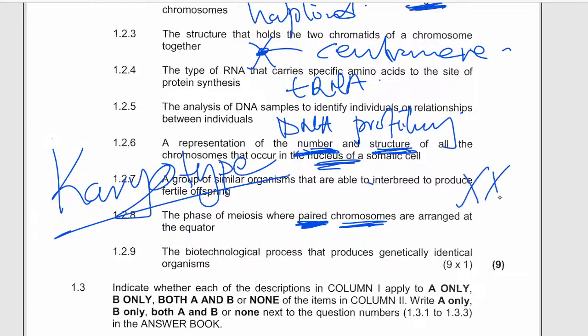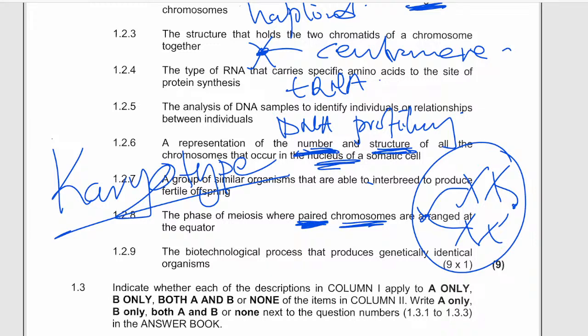How do you call that phase? That is metaphase, because it is in the middle, at the equator. But because they're in pairs, therefore it becomes metaphase 1, before they divide. So the most correct answer there is metaphase 1.